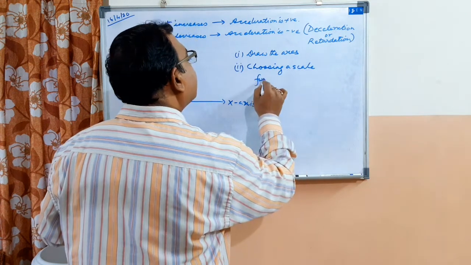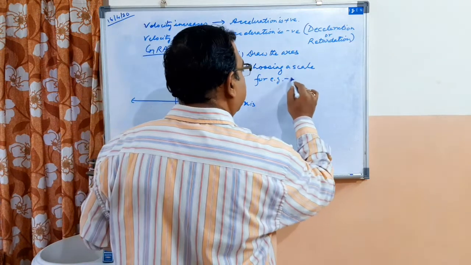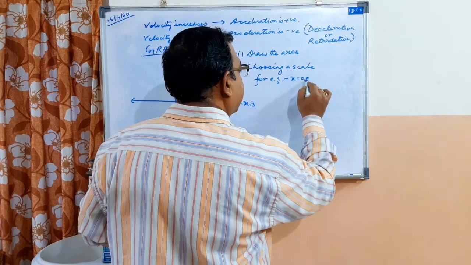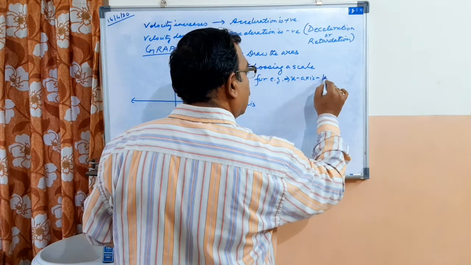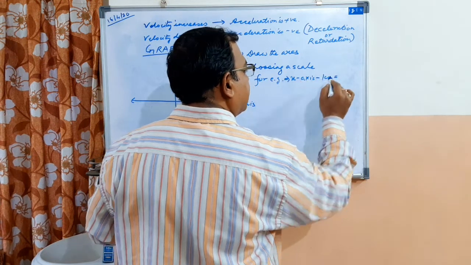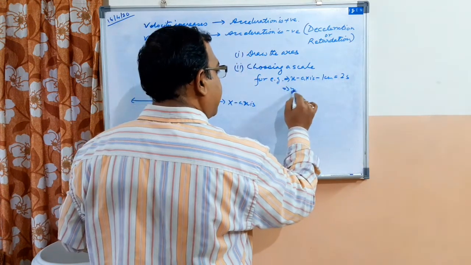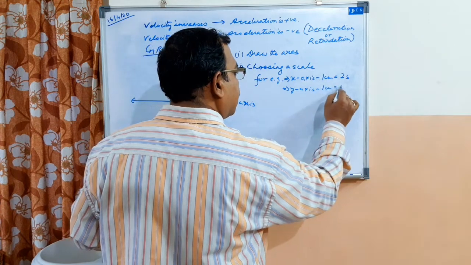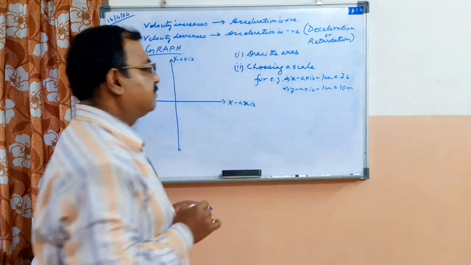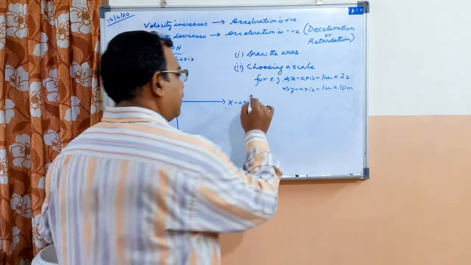For example, you may write in x-axis 1 centimeter is equal to say 2 seconds. In y-axis, say 1 centimeter is equal to 10 meter. In this way, you have to choose a scale.